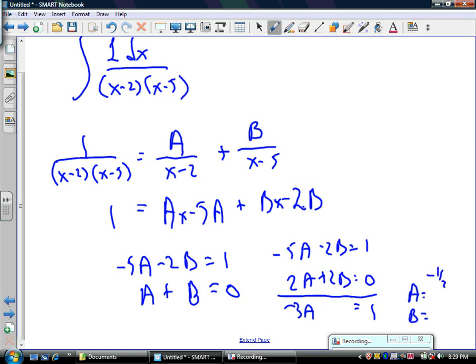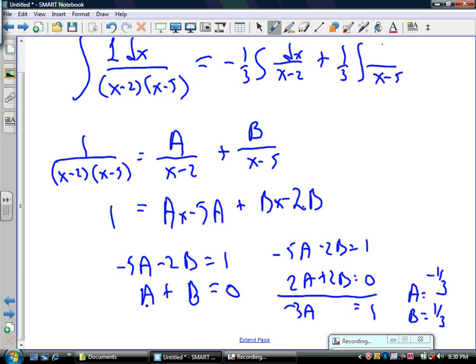If a is negative 1/3, plug it back into either equation. I don't care, but this one's easier. If a is negative 1/3, what's b? Positive 1/3. Okay. Yeah, that changes it a little bit. All right, so a is negative 1/3. B is positive 1/3. I'm going to rewrite the integrand. I'm going to say, okay, integrate negative 1/3 of 1 over x minus 2 dx plus positive 1/3 the integral of 1 over x minus 5 dx.